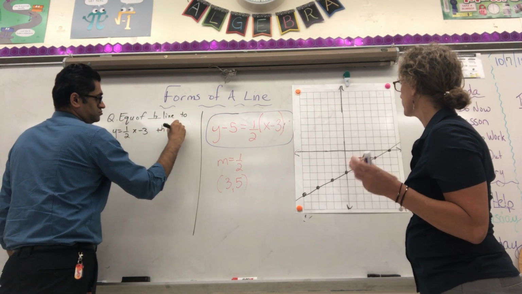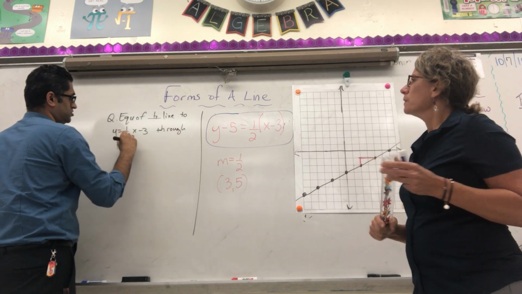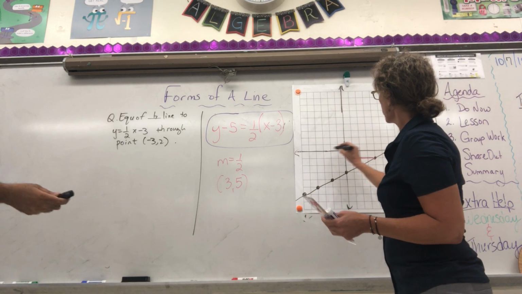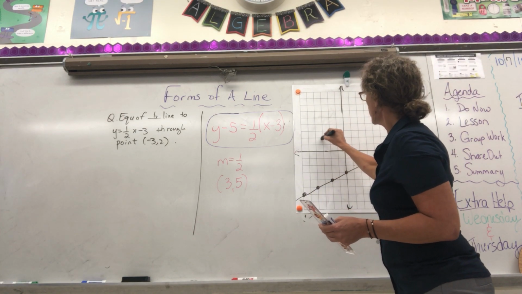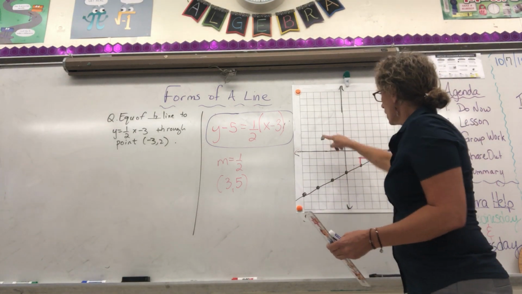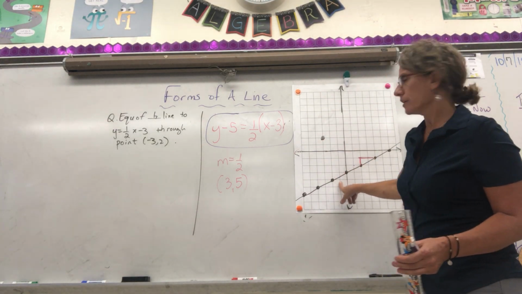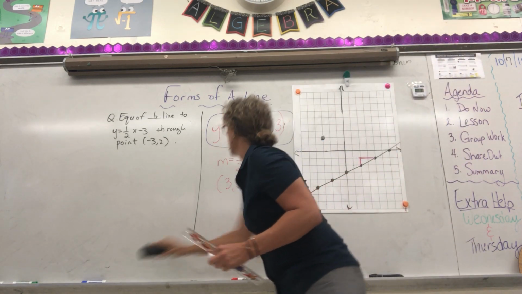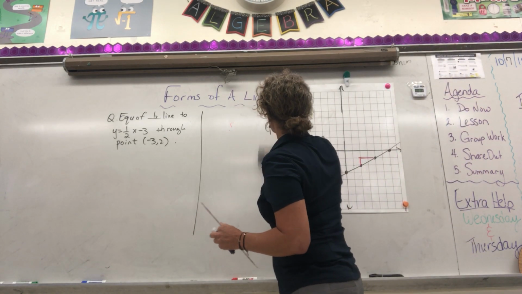So let's pick the point (-3, 2). All right. I'm going to graph that point, negative 3, up 2. And now I want to draw and write the equation of a line perpendicular to the given line through the point (-3, 2). Okay, so let's get rid of this one.